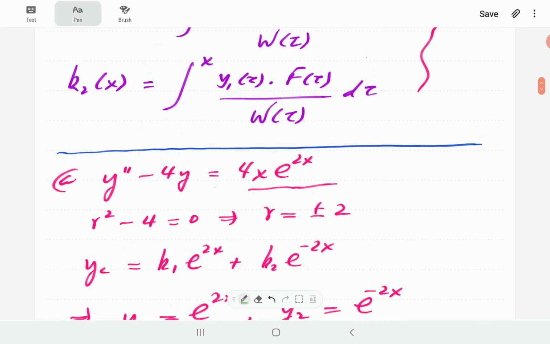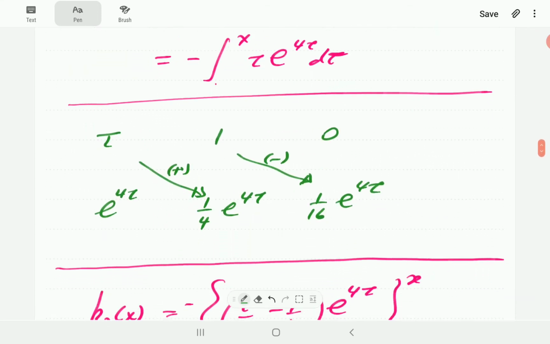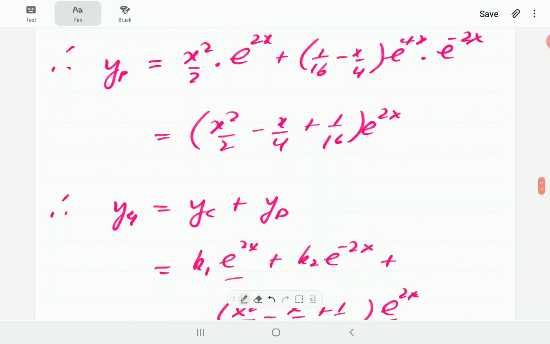Actually, we have solved this problem in our video Method of Undetermined Coefficients part 3, which we're going to post the link for you to check out. So you can check that one there and confirm that it gives us the same solution.